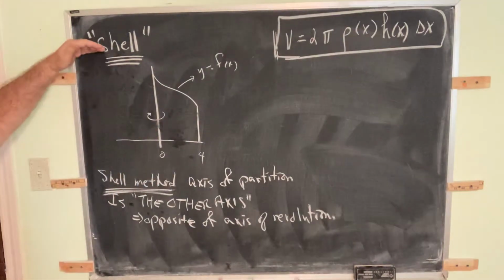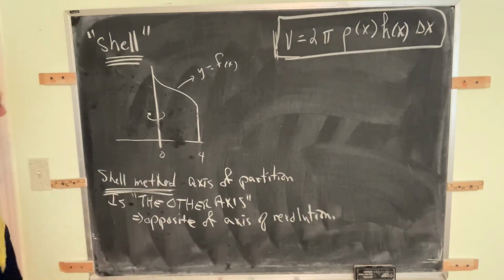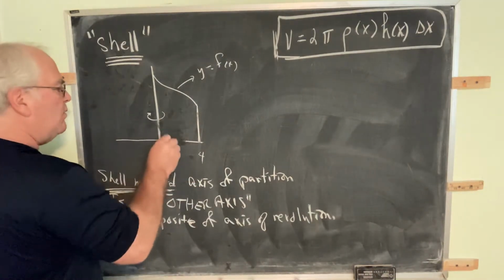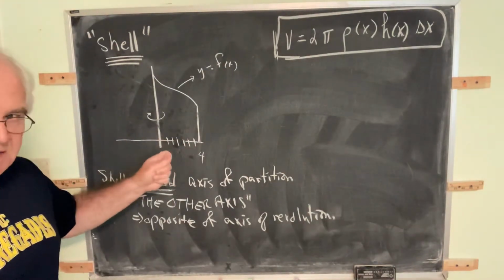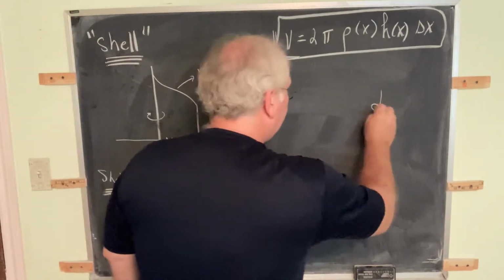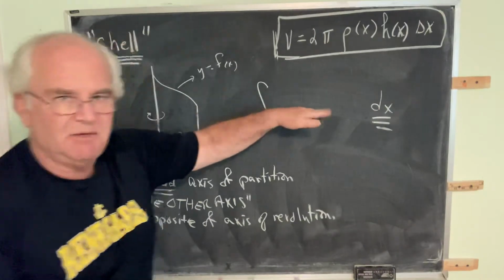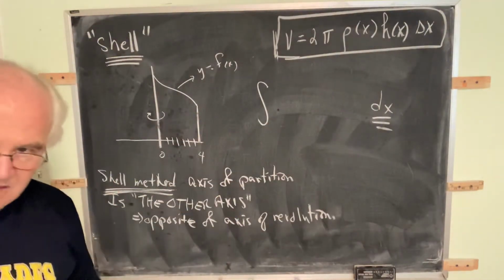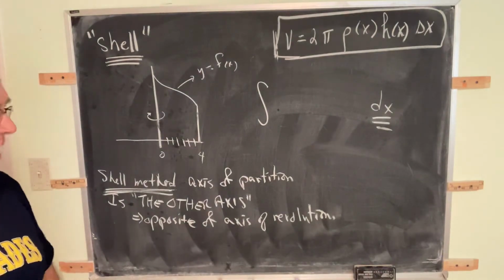The axis of partition is the opposite axis. We revolve about the y, so we partition the x. That's important because what this tells us right off the bat is, no matter what else happens, we know it's dx, which means everything in here needs to be a function of x. And if it is not a function of x, you need to fix that. Back solve to make it a function of x.